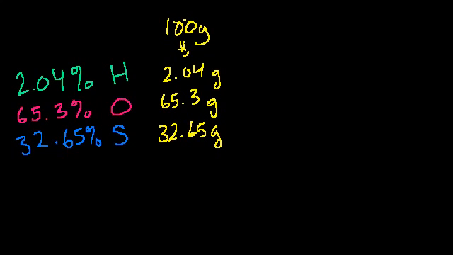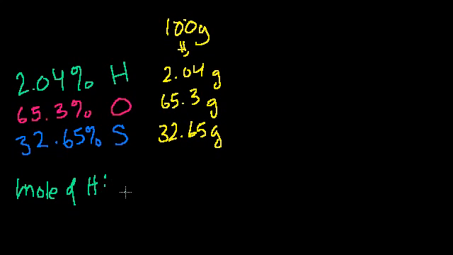So what is the mass of 1 mole of hydrogen? We know the mass number for hydrogen is 1. The atomic weight of hydrogen, on Earth, is pretty much just a hydrogen nucleus with an electron but no neutrons, so it has an atomic mass of 1 atomic mass unit.